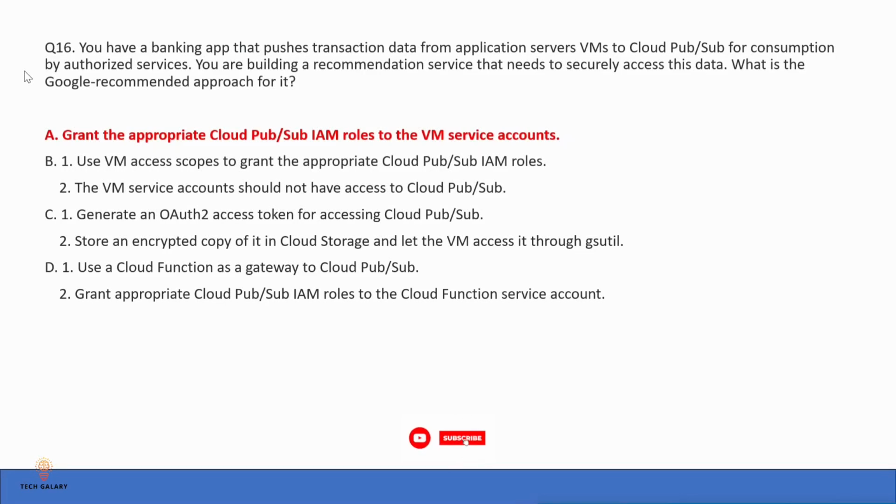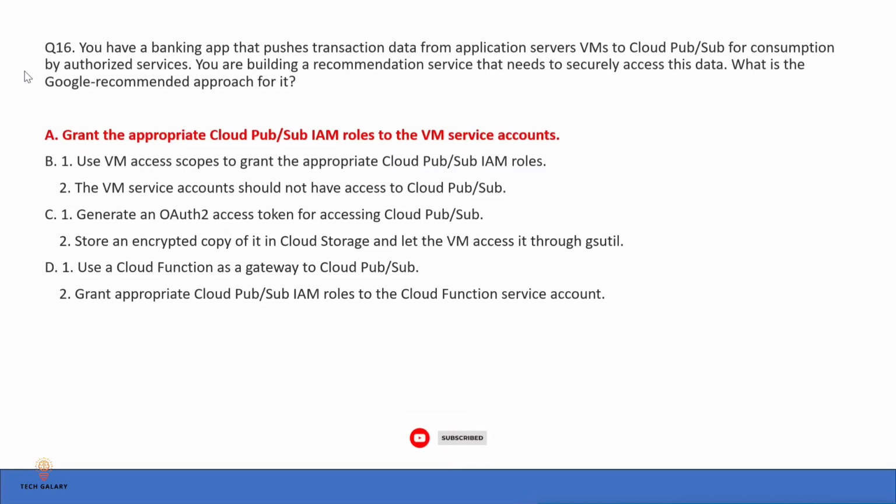Option B, use VM access scopes to grant the appropriate Cloud Pub/Sub IAM roles. The VM service account should not have access to Cloud Pub/Sub. Since the VM service account needs access to Pub/Sub, this option is not correct. Option C, generate an OAuth2 access token for accessing Cloud Pub/Sub. Store an encrypted copy of it in Cloud Storage and let the VM access it through gsutil.